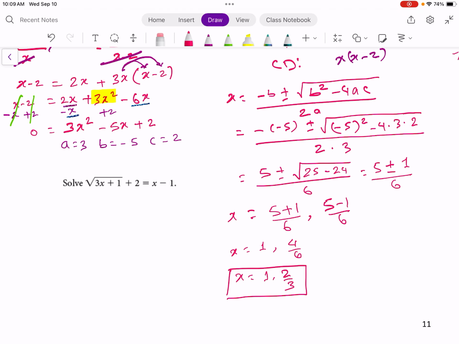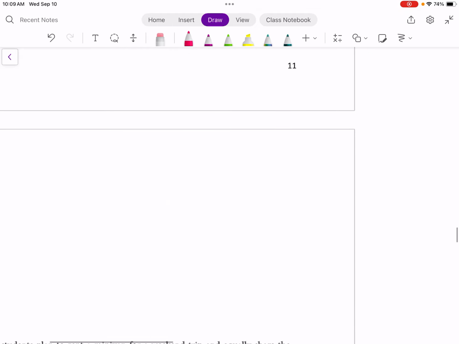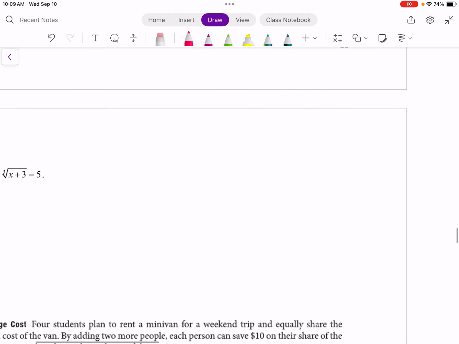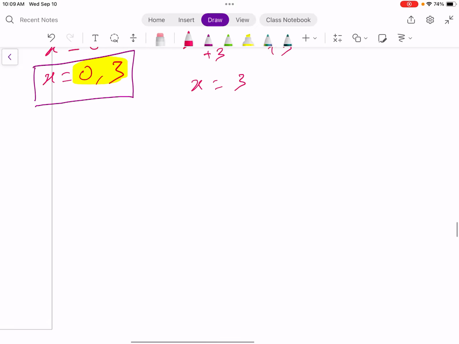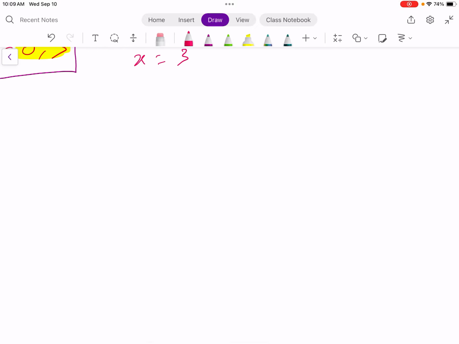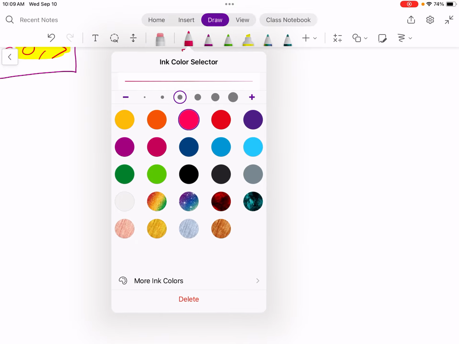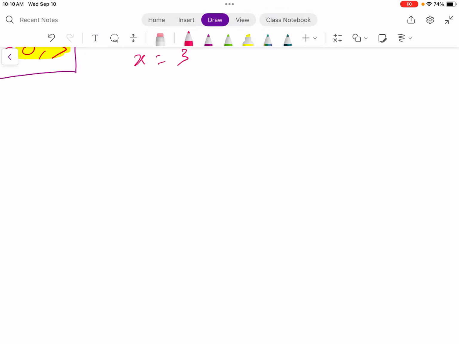Okay, now I'm pretty sure you don't have enough space on your worksheet, so just try to find space on it. Or if you have separate scratch paper, you can still use it. So let's solve one more.